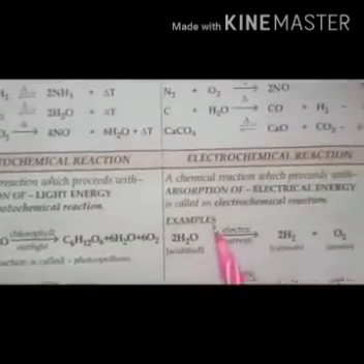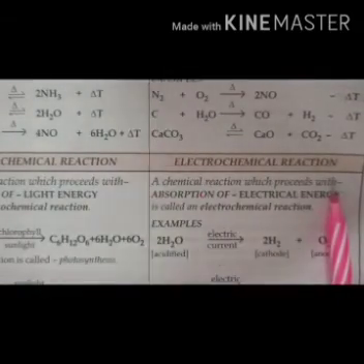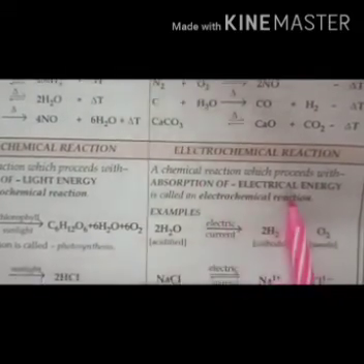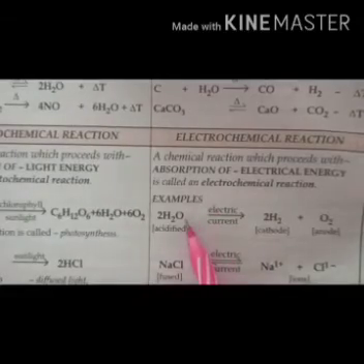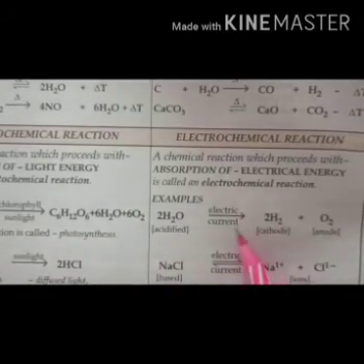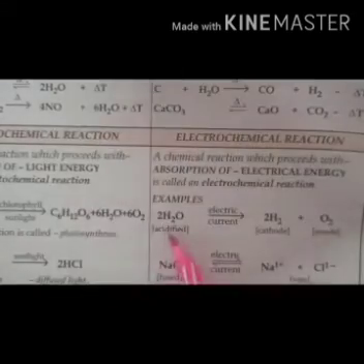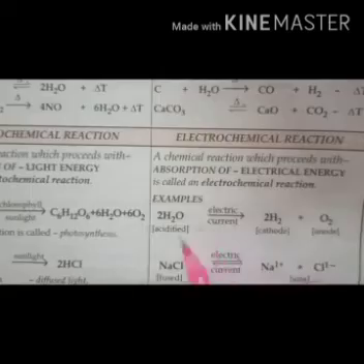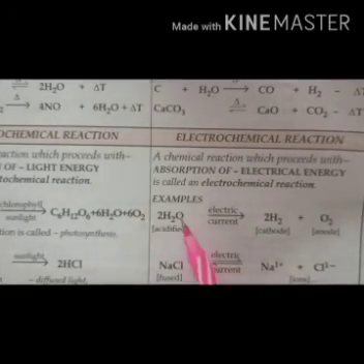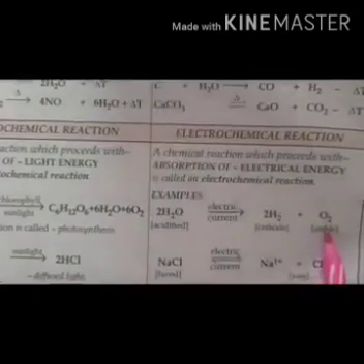Now next is your electrochemical reaction. There are some chemical reactions which proceed with the absorption of electrical energy. For example, water can be broken down into its components by passing electric current. But remember, pure water doesn't conduct electricity. When you pass electric current through acidified water, then it breaks down into hydrogen gas and oxygen gas.